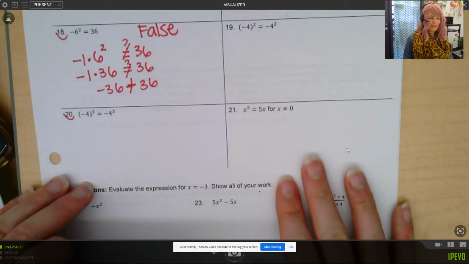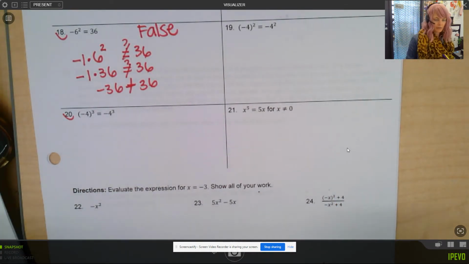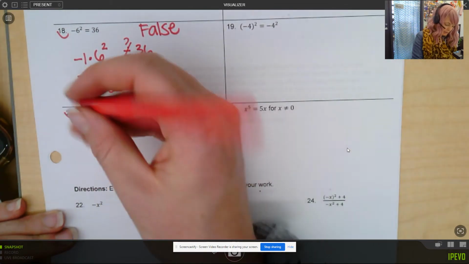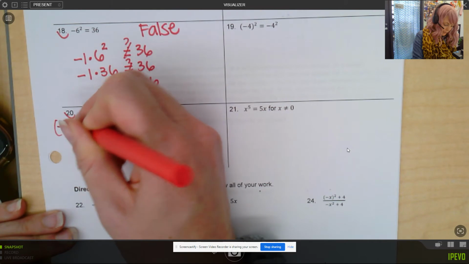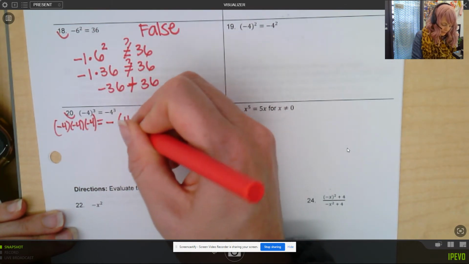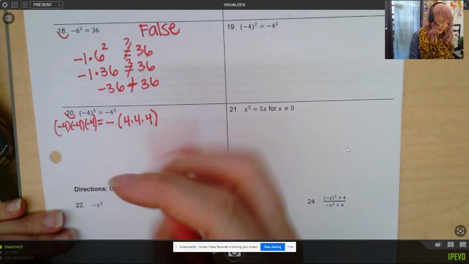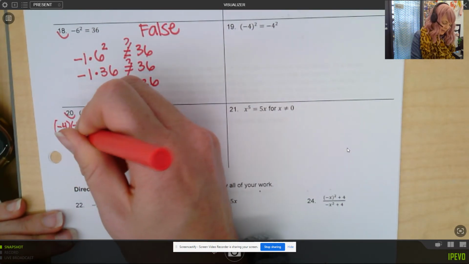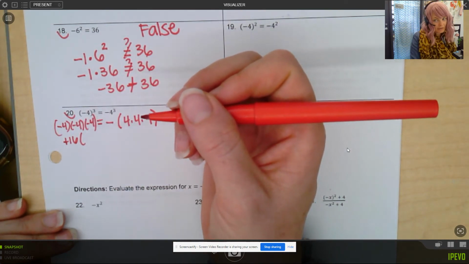The next one says -4 all raised to the 3rd power. Does it equal -4 then to the 3rd power? Well, -4 to the 3rd power is -4 times -4 times -4. And this is negative times 4 times 4 times 4. -4 times -4 is positive 16, negative times negative is positive.